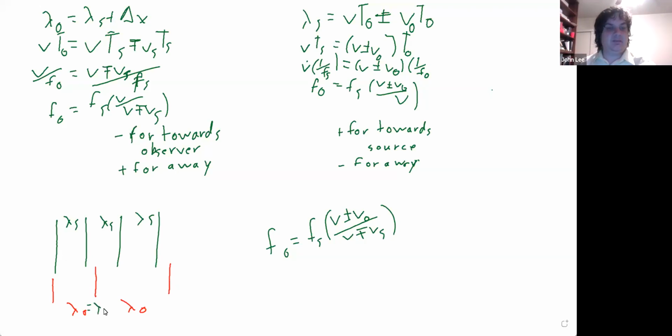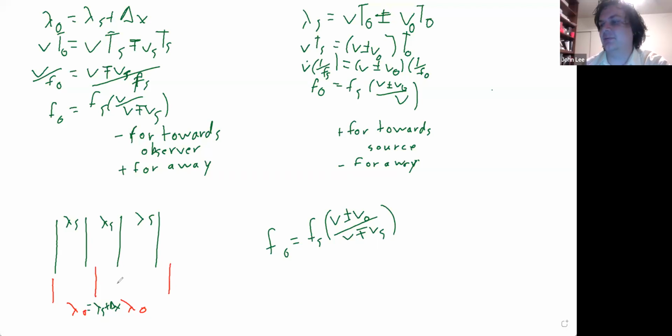in addition to the original definition of the wavelength, the original wavelength that's coming from the source, you have an extra delta x that's occurring if the source is moving away from you.